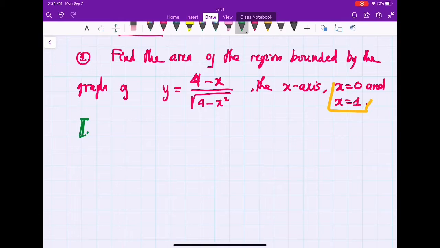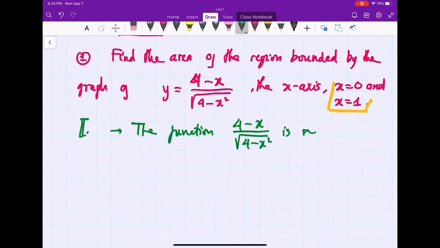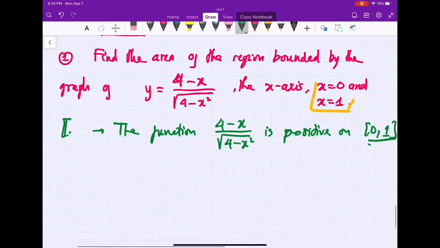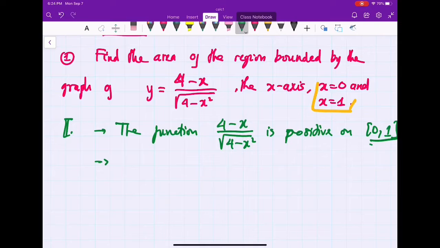I have to mention one thing: the function (4 minus x) over square root of (4 minus x squared) is positive on 0 and 1. It's obvious because 4 minus x is always positive on this interval. So that means the graph of the function is above the x-axis.